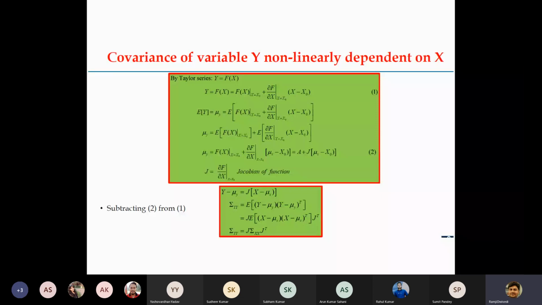Obviously, you have to linearize it with respect to the initial point, which is x is equal to x naught. The moment you write it down, f(x) is equal to f(x) at x is equal to x naught. Now we call it the function value at the initial point. Linearization, the second step, and the first term of linearization is the function value at x is equal to x naught.